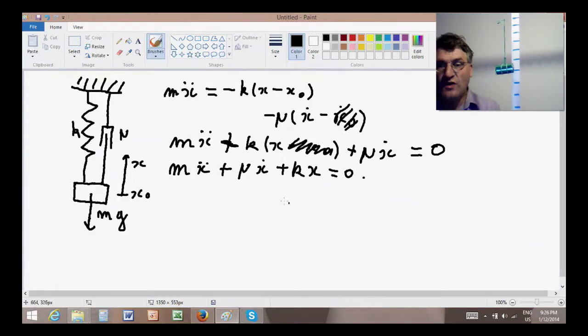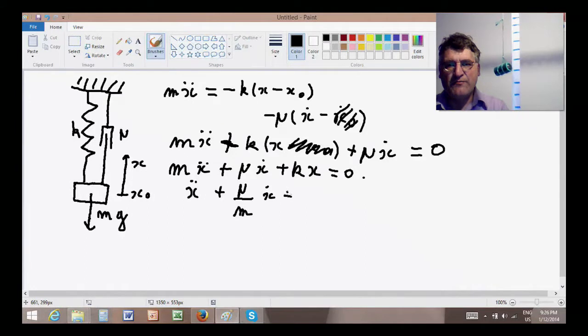Or, in other terms, x double dot plus mu over m times x dot plus k over m times x is equal to 0.